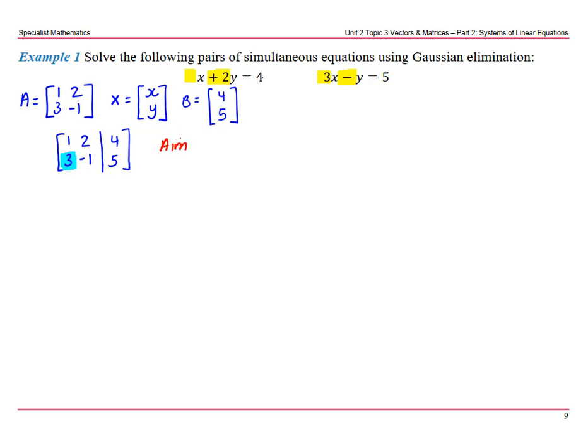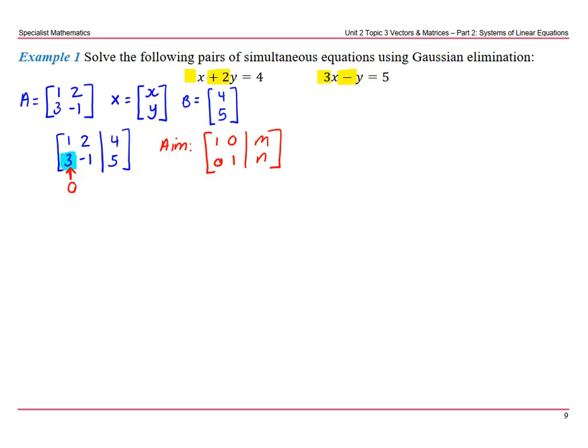So our aim is to get that reduced row echelon form, with our identity matrix on the left and our solution on the right. So we're going to look at this 3 here, and we need to make it 0.